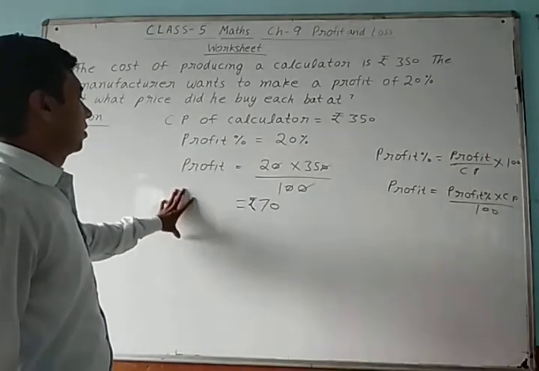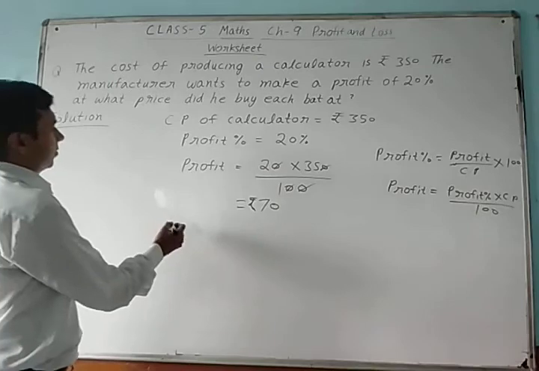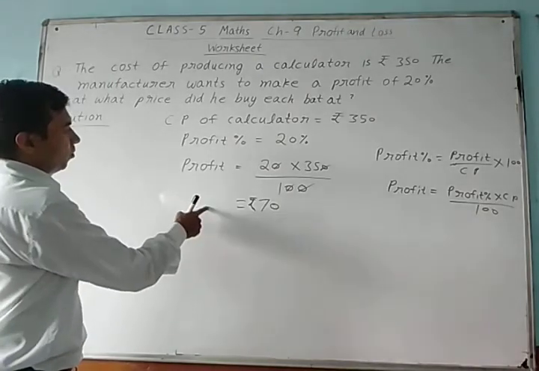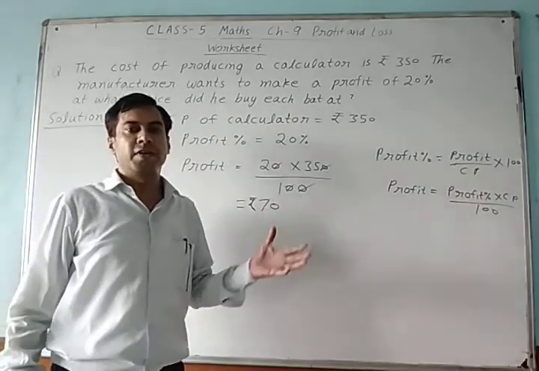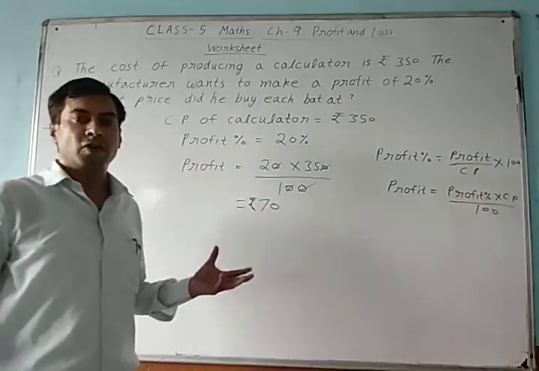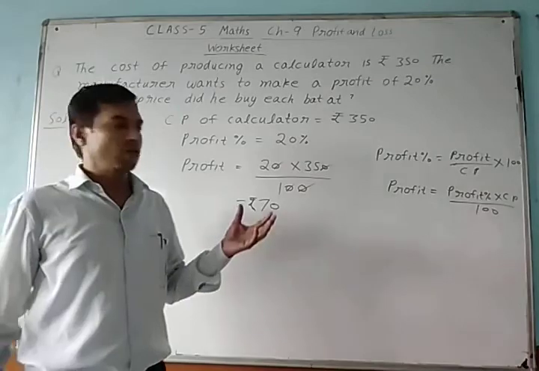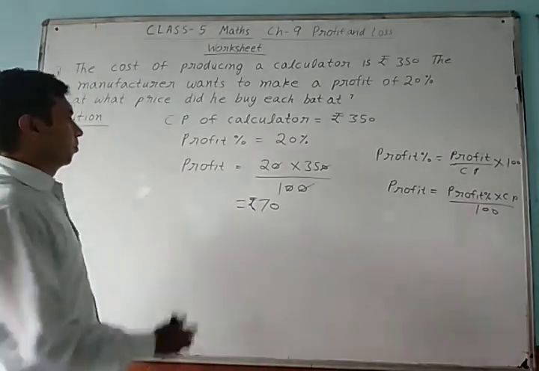Now student, next what we have to do? We have to find out selling price. Clear? We have profit, we have cost price, and I have explained when we have profit and cost price and we have to find out selling price, selling price is equal to cost price plus profit.